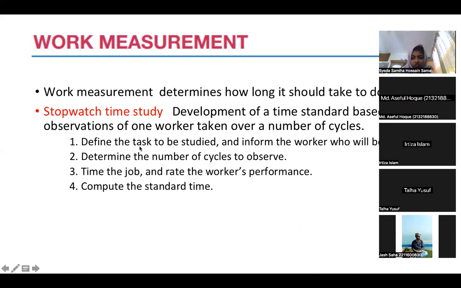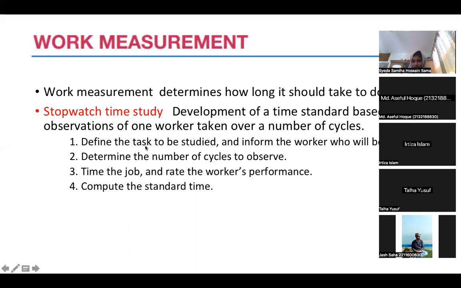So number one is you need to identify the task. Say for an example, in garments manufacturing, there are three tasks. One is cutting, another is sewing, another is finishing. So you will choose which task you will study. Maybe cutting.